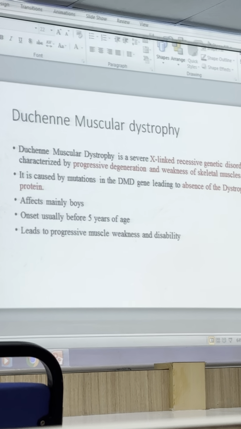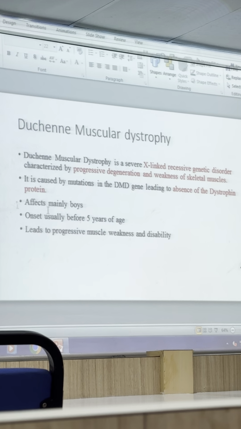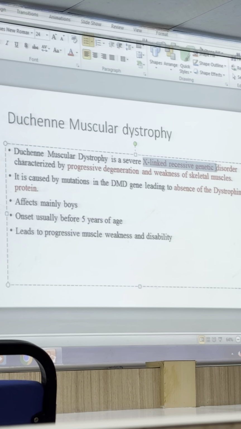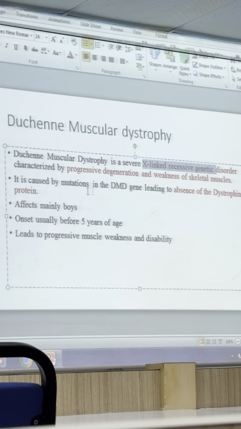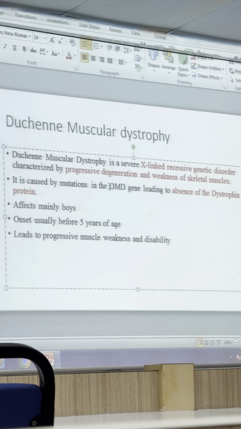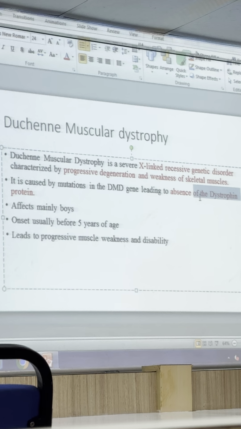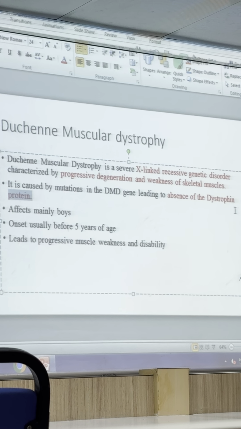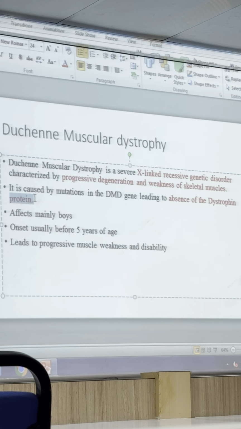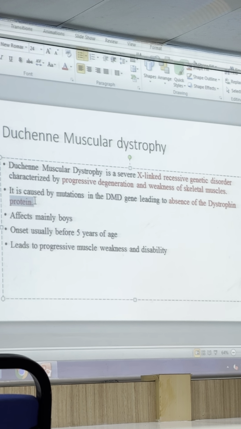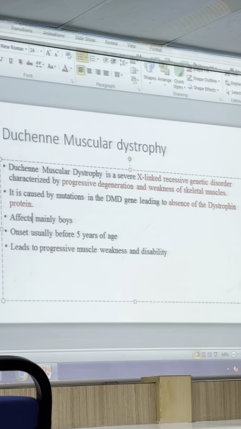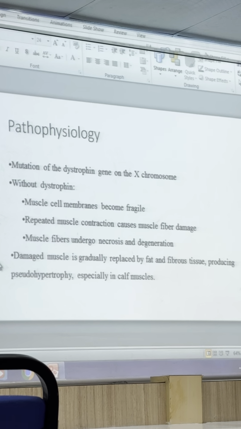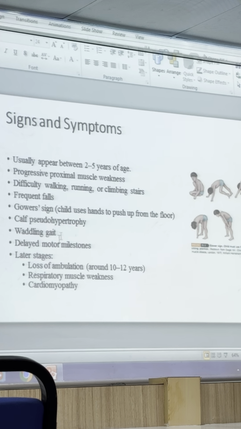Likewise, if you go into Duchenne's muscular dystrophy, what is the cause? It is a genetic disorder, an X-linked recessive disorder, caused by mutation in the dystrophin gene, because of which there is absence of the dystrophin protein. So the cause you should know, and then the 5 features.